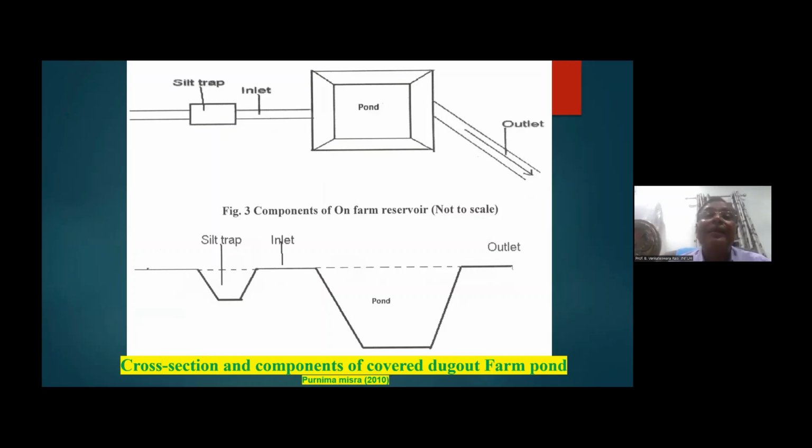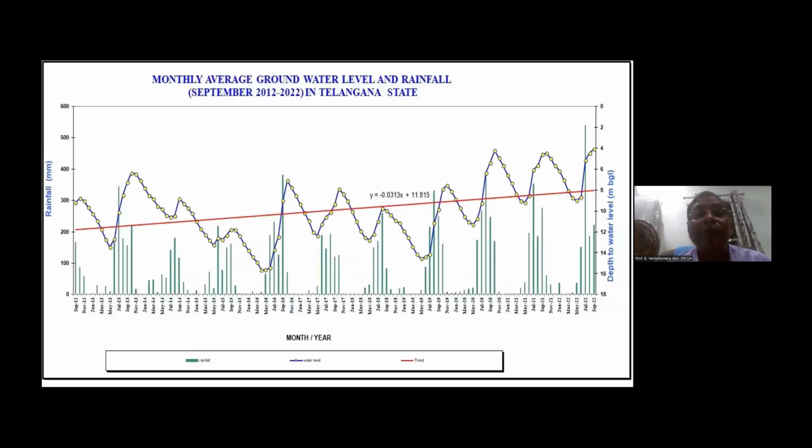And then at the farm level itself, with ponding in critical times, we can give irrigation to the crops which are not doing so well in the lean period. That means when there is a gap of 15 or 20 days in the monsoon, then we can give. So these are some of the techniques we can use.